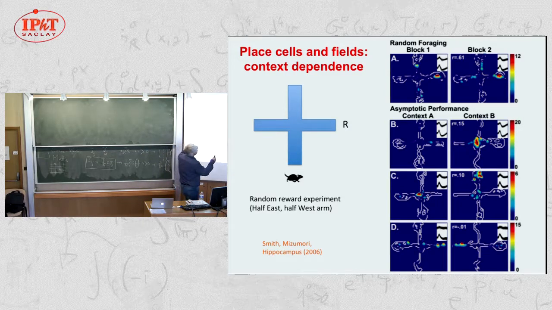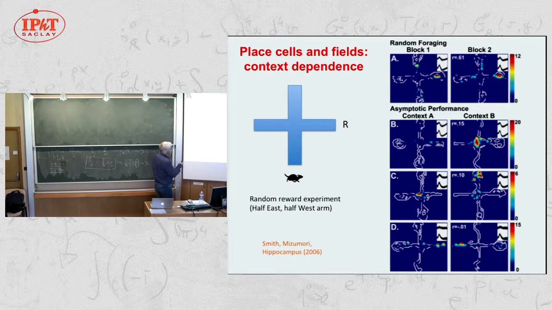This is one particular place field for one particular cell, which is very active here at the end of the east arm. This is measured over many experiments, and each time you average the activity over the first 10 trials and then over the next 10 trials. Obviously, there is no difference between the first 10 and the next 10 if there is no reward. The place field has not changed in between, which makes sense.